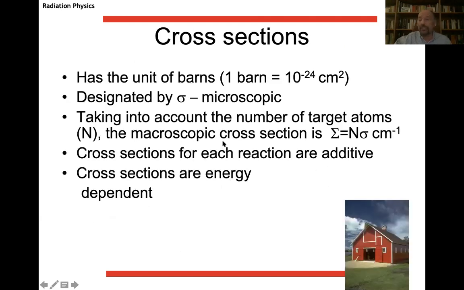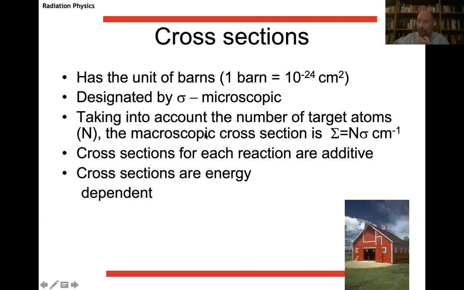The cross-section has units of the barn. One barn is 10 to minus 24 square centimeter, which is approximately the geometrical cross-section of a nucleon. It is indicated by sigma.